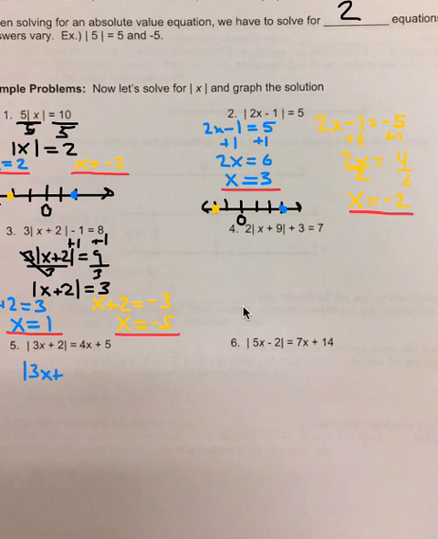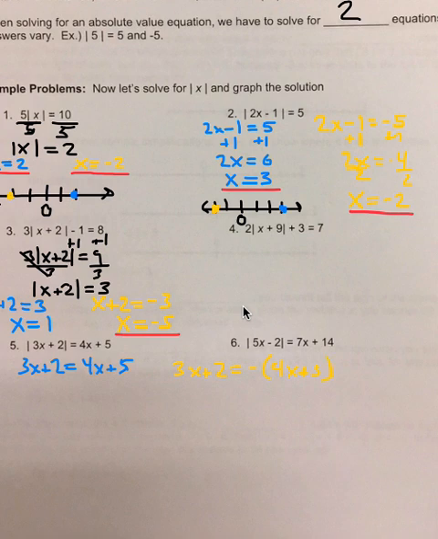Without the absolute value, 3x plus 2 equals 4x plus 5, and 3x plus 2 equals, now I take the opposite, so I have negative times 4x plus 5. It's the opposite of 4x plus 5.